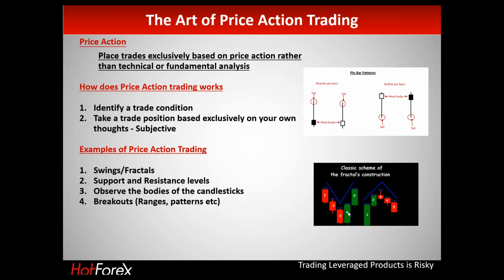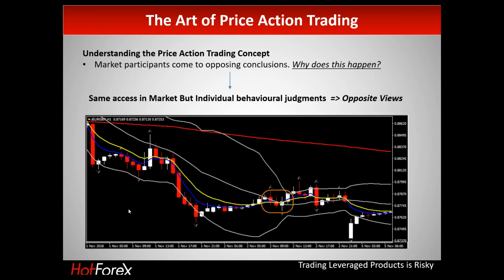Third of all, we will observe how strong the length of the body of the candlestick is, and we will take entry points solely on any breakout of our support and resistance levels, or any breakout of our swings or fractals. This would be our entry points or our exit points as well. So let's move on.